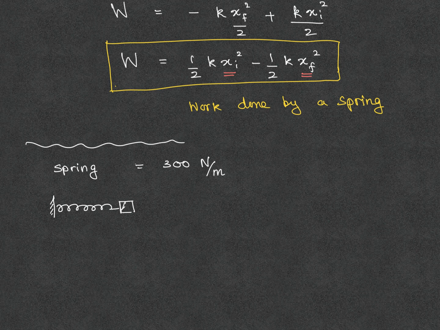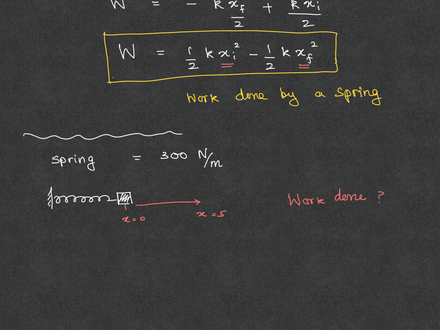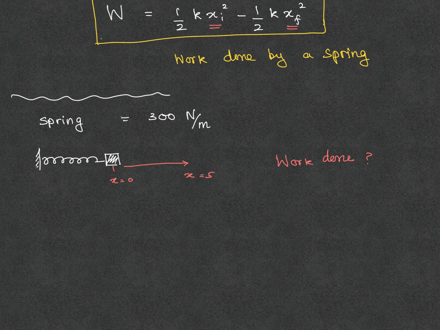There is a block attached to a spring, as we discussed earlier, and x equals 0 is the initial point, and then it is expanded to a point x equals 5. We are supposed to find the work done by the spring when it is expanded from 0 to 5.